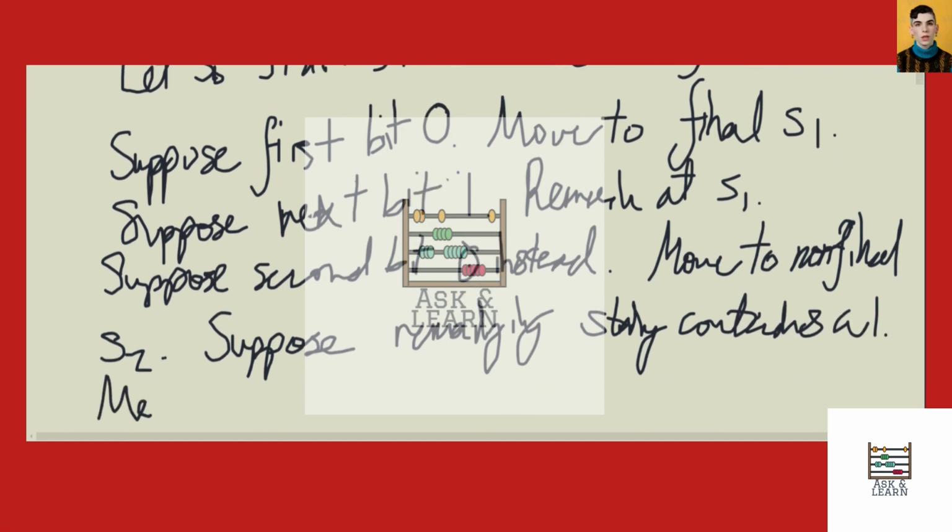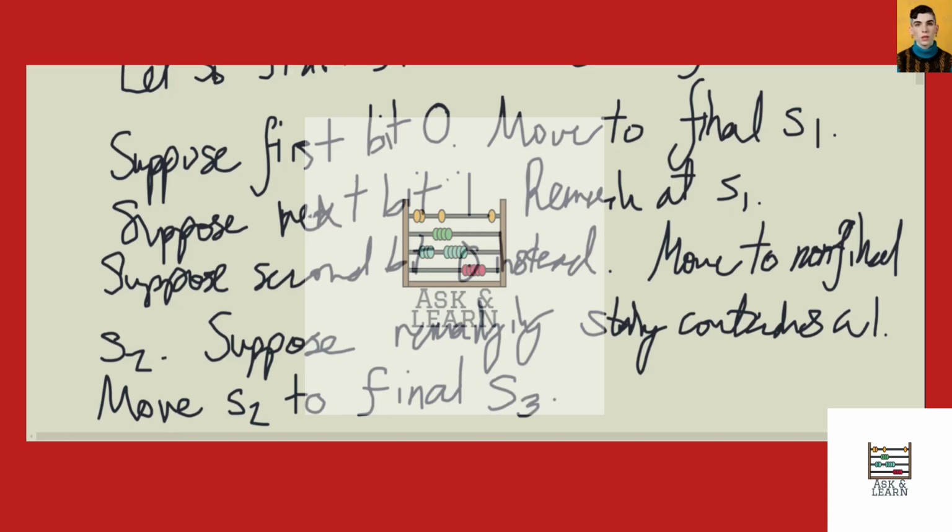Then we're going to move from S2 to a final state, because such a string, if it contains at least one 1, should be recognized by the machine. And this final state has to be yet another new state, S3.